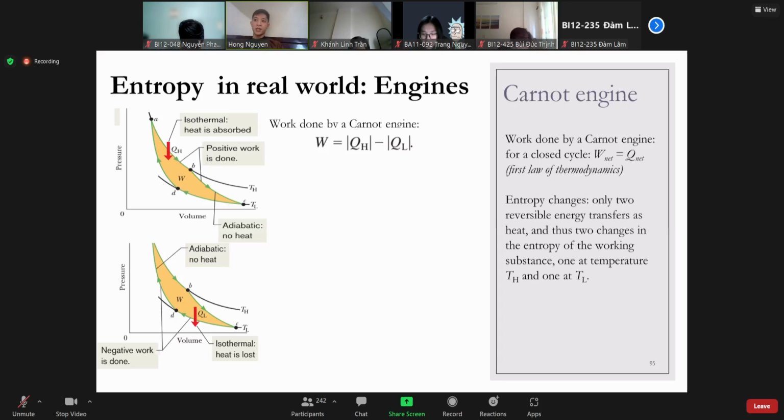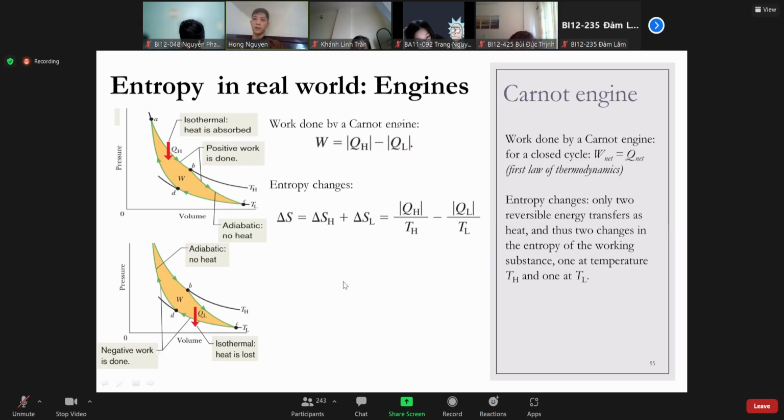So the two changes in the entropy of the working substance will have one at the temperature TH here and one at the temperature TL. Then the entropy change in the final form should be written as this one. This is the entropy change in the hot reservoir. This is the entropy change, with the minus, in the cold reservoir.